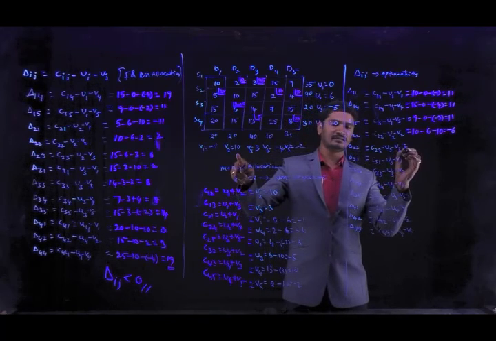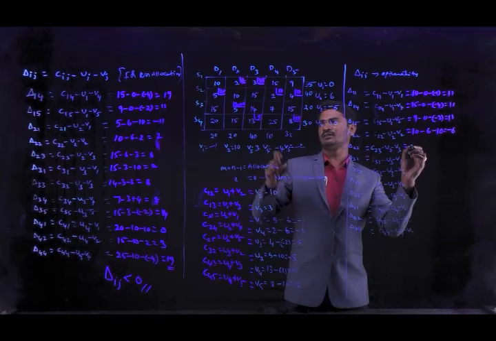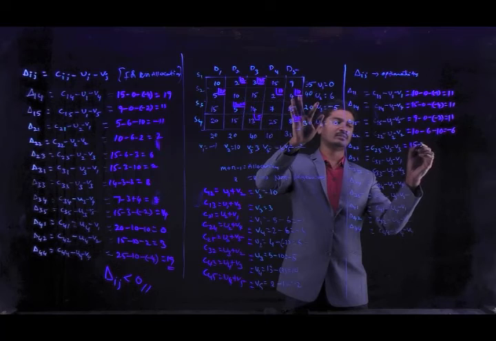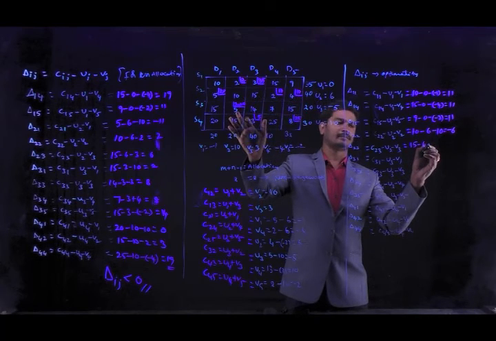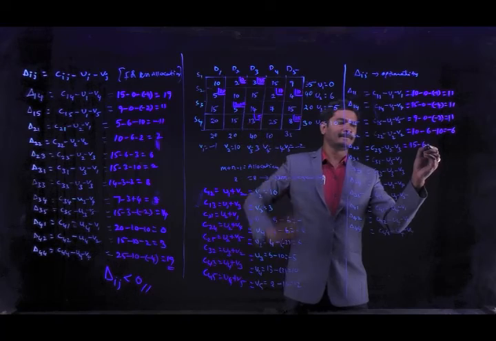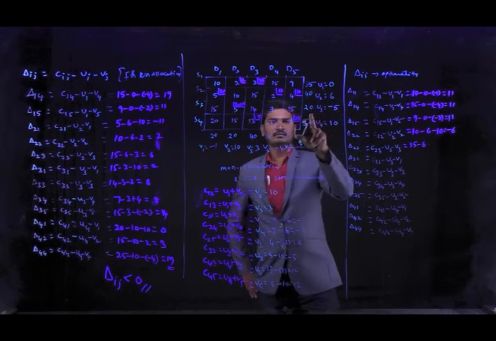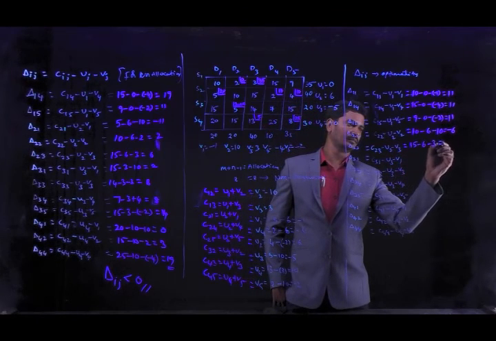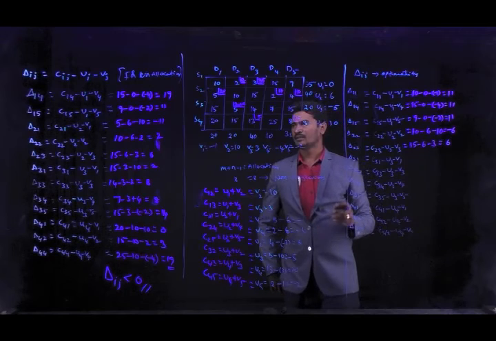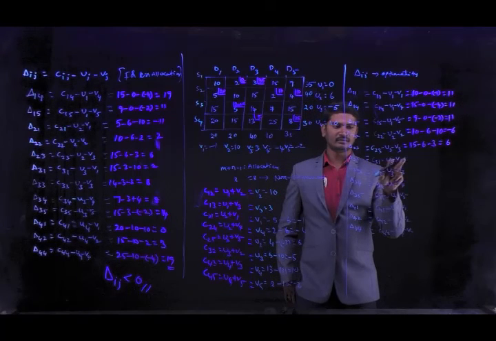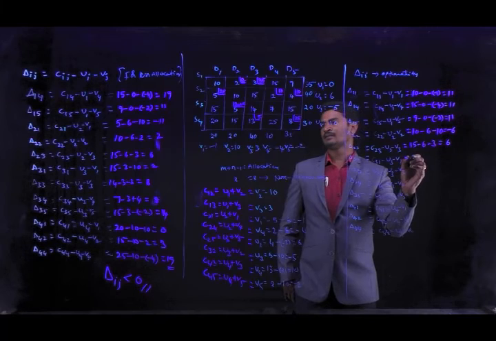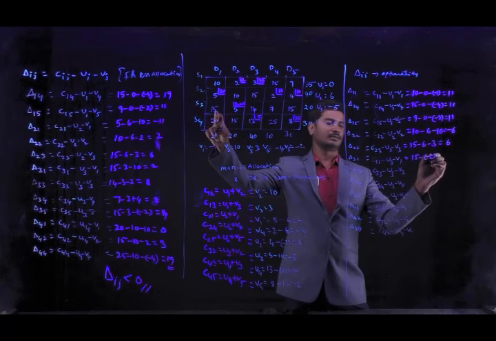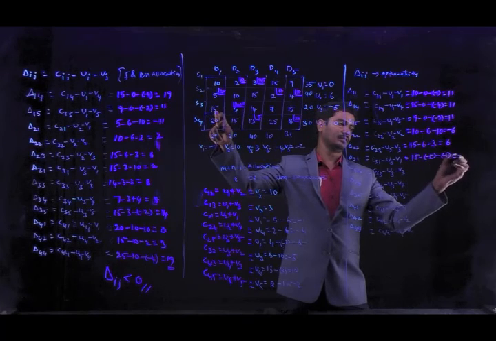Okay, next delta 23: 15 minus U2. What is the U2 value? 6. So 15 minus 6, and U3 is 3, minus 3, is equal to 6 here. Next delta 31: 15 minus half minus 5 minus half minus 1 is equal to 9.